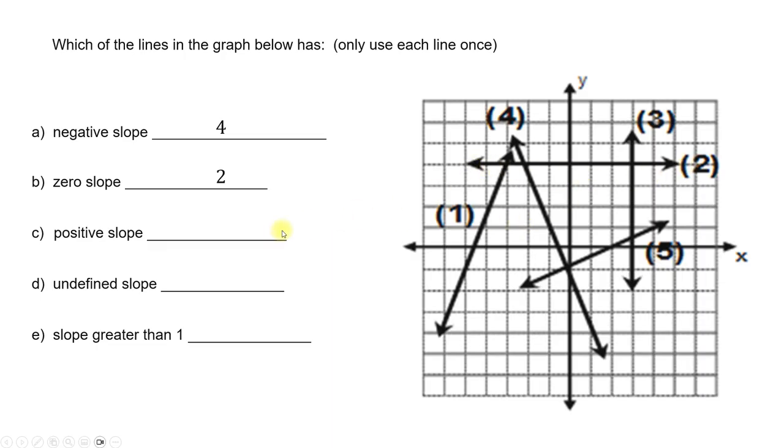It's a flat line. 5 is our positive slope, this line right here. Our undefined slope is 3, this vertical line, and a slope greater than 1 is 1 right here. A very steep line.